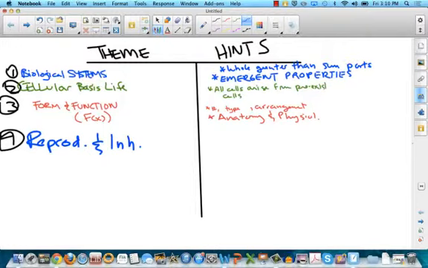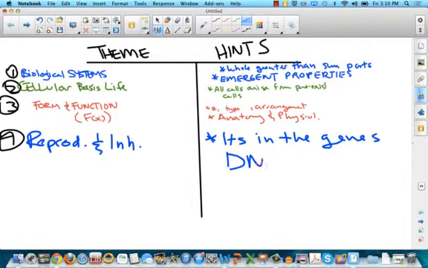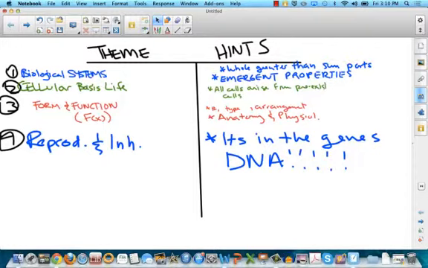Really the hint here, it's in the genes, and it's all about DNA. Well, reproduction and inheritance. It's all in the genes because we know the genes are the DNA.